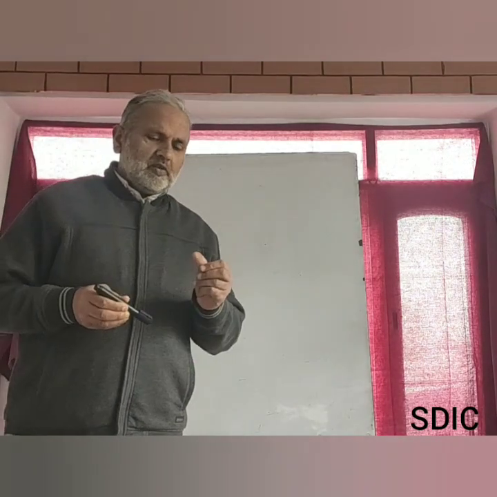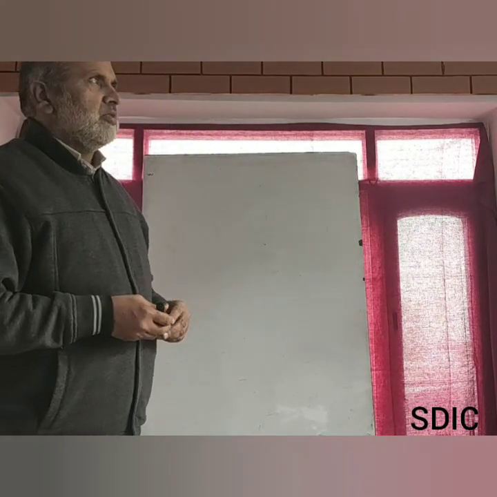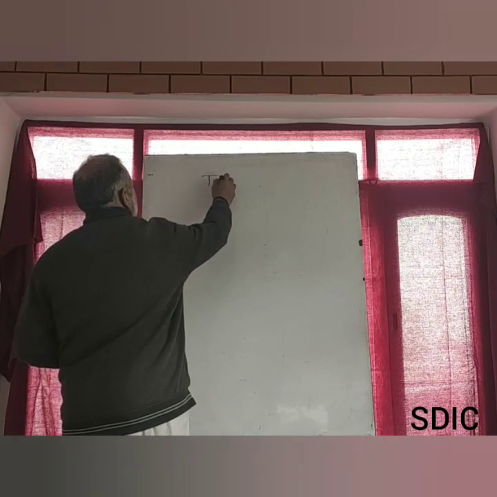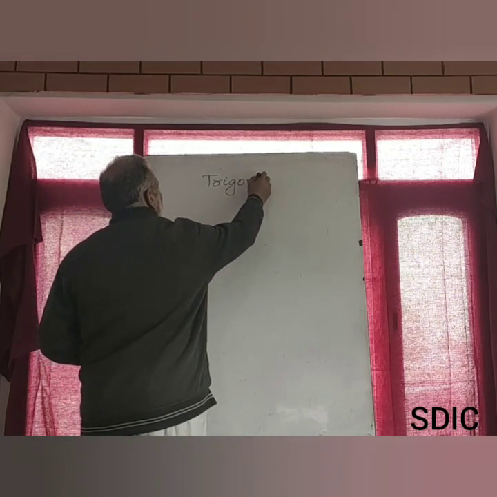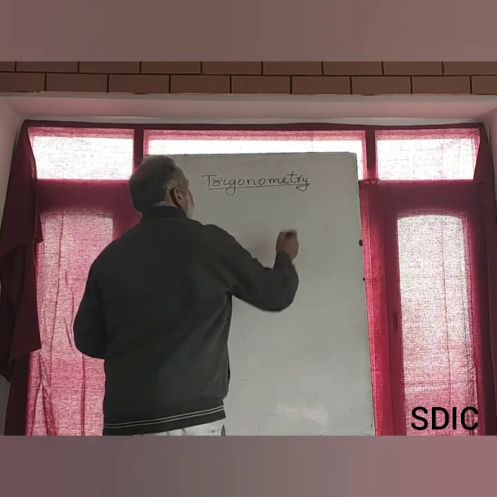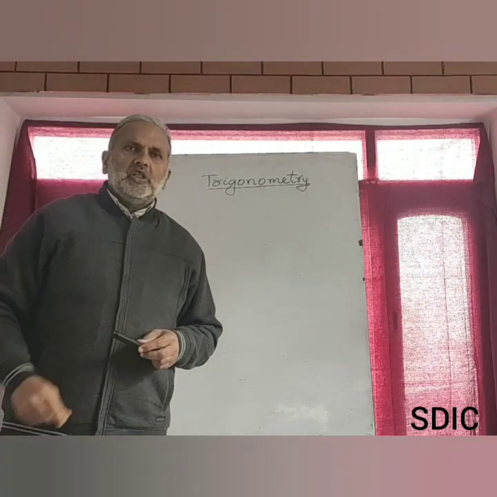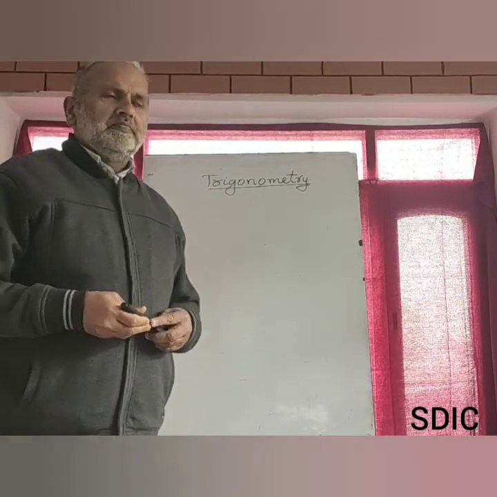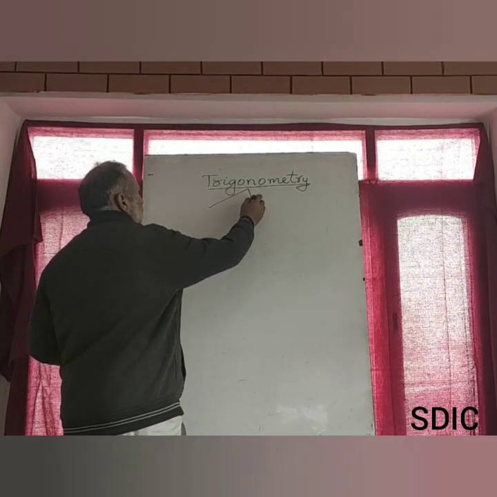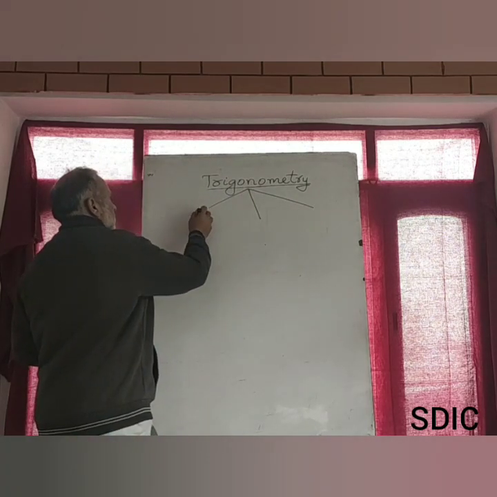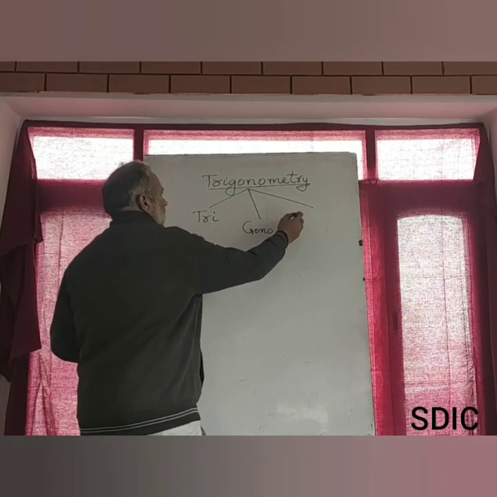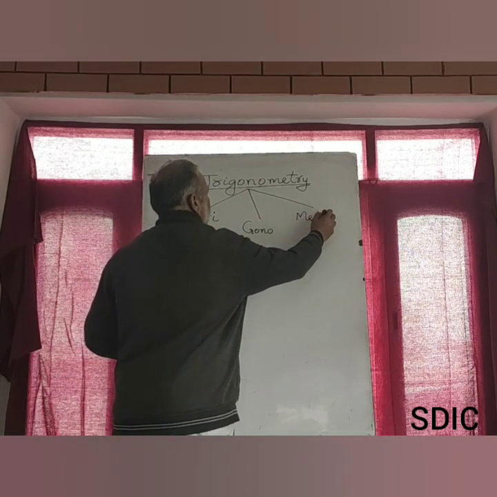Today we will start from your mathematics book a new chapter titled Trigonometry. This word is derived from three Greek words: tri, gono, and metron.